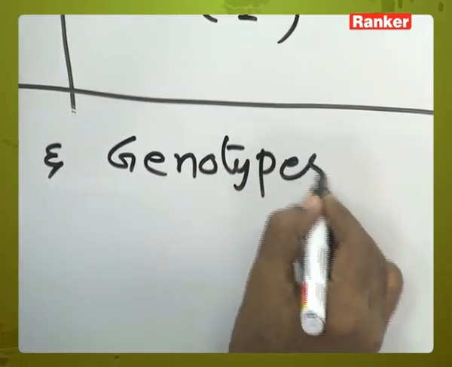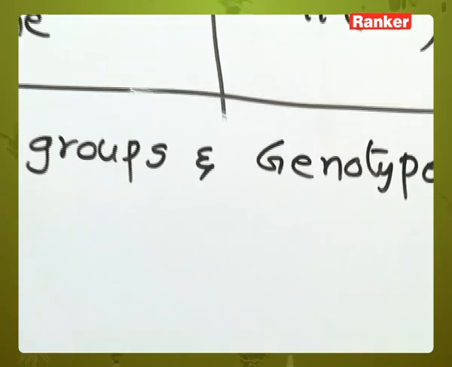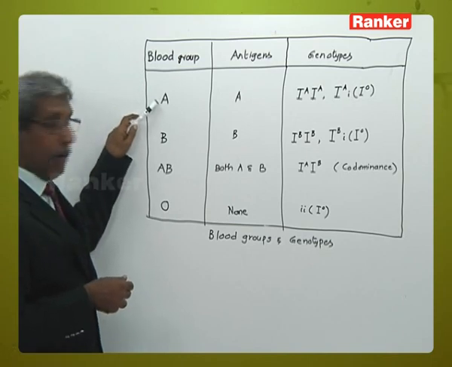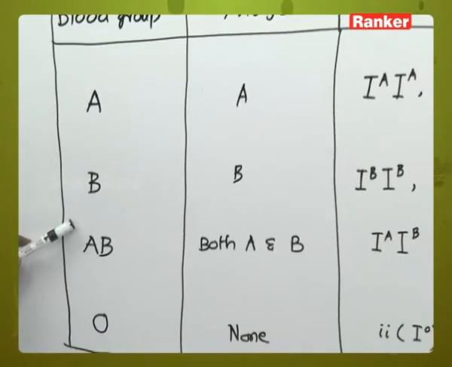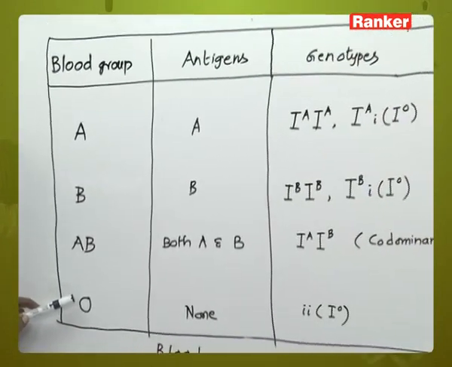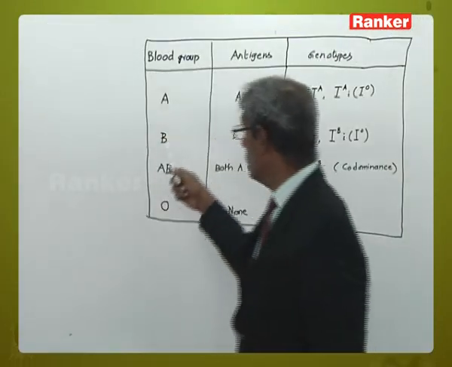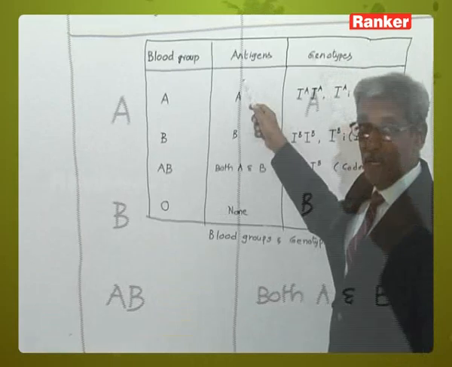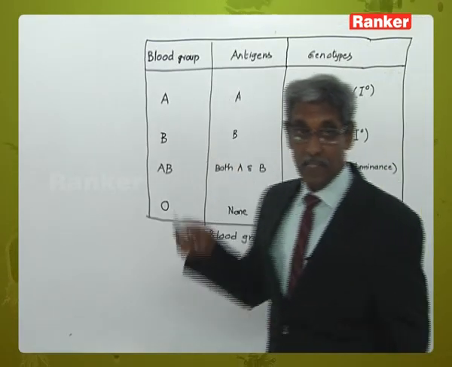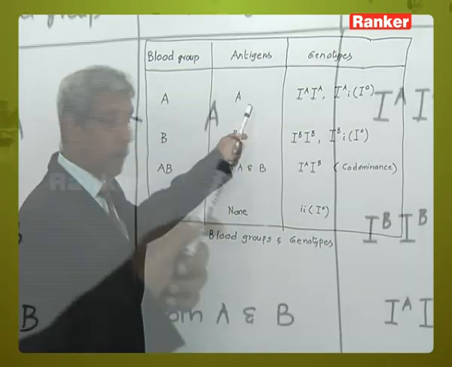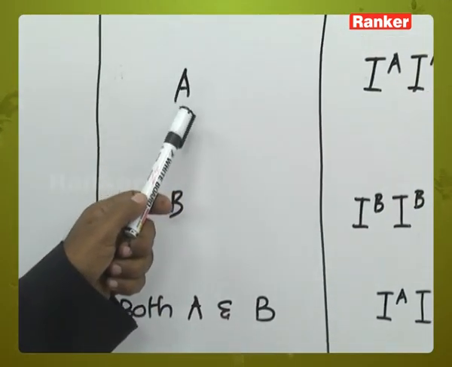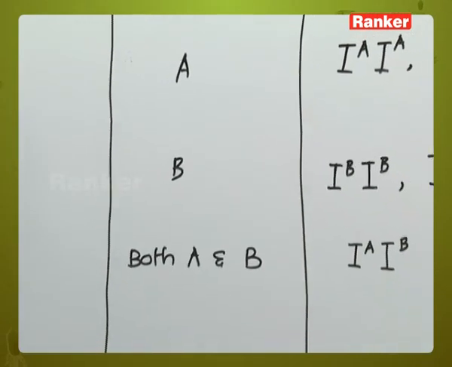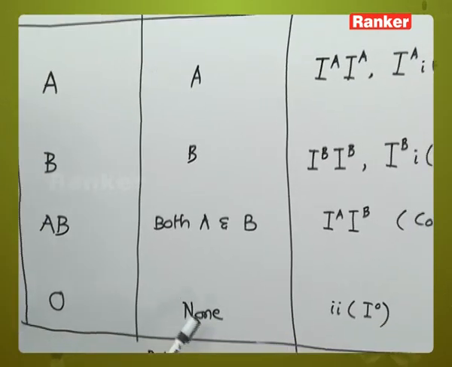As you understand from the table, the blood groups could be A, B, AB or O. Humans have A, B, AB and O. And the antigens, the foreign proteins present on the surface of the red blood corpuscles, could be A, could be B, could be both A and B, or in the case of blood group O, there are no antigens, there are none.